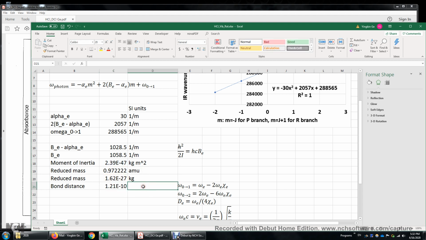What's the unit? The unit is meter. So I'm going to put meter here. And the more commonly used unit for the bond distance is angstrom, or A with a small knot on top. 1 meter is 10 to the power of 10 angstroms.